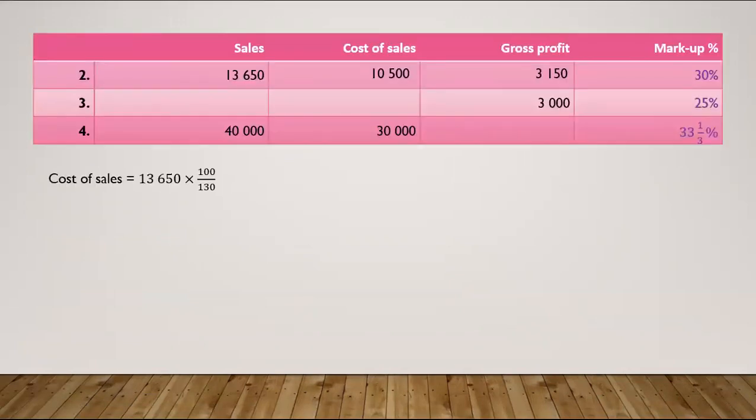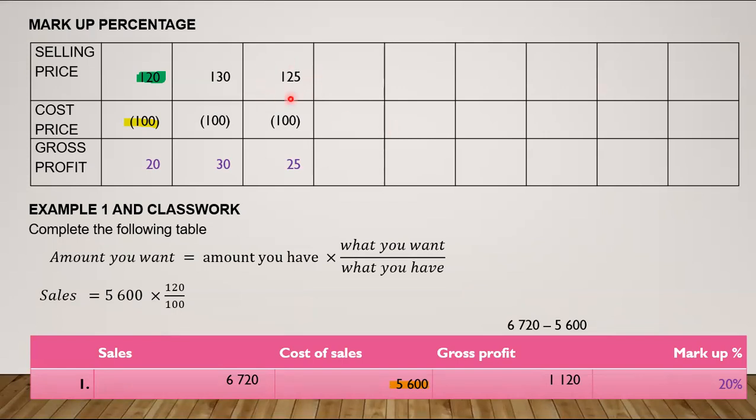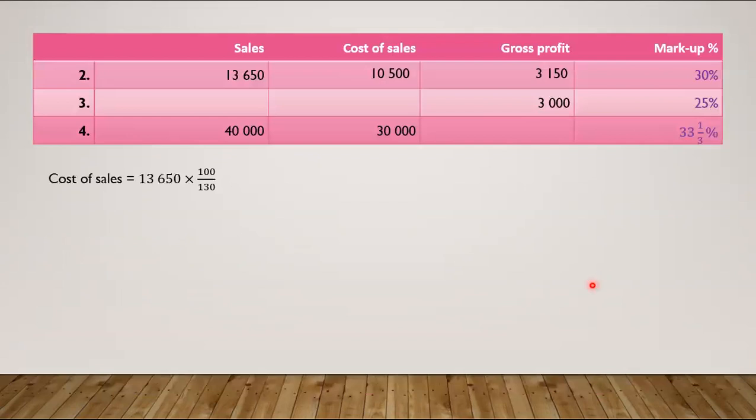I started by calculating the sales value. Now, what is the sales percentage? The sales percentage is 125, so I'm going to multiply by 125, but I was given gross profit, so I will divide by the 25. I will take the gross profit value, multiply it by 125, and divide it by 25. And that will give me a sales amount, which will be 15,000.